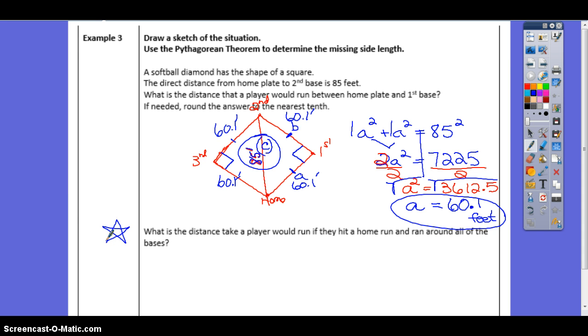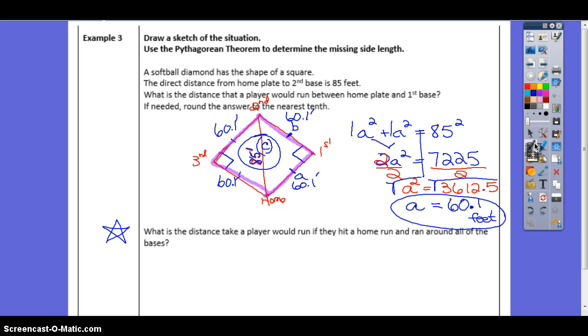What is the distance that it takes a player, how far would they run if they had a home run? How far? Total. 240.4.